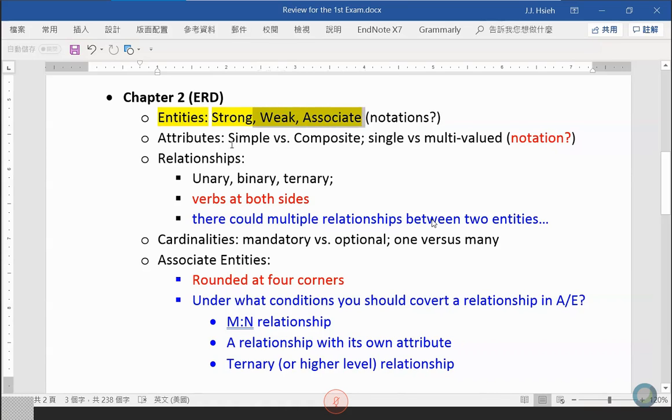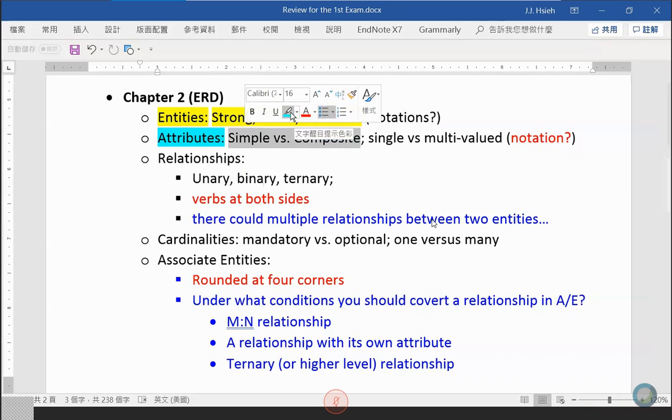And then, the second one is attributes. We have different kinds of attributes. We have simple versus composite. Usually address is composite, and for simple, like date of birth, or maybe your phone number, those are simple. Just a field that contains one atomic value.